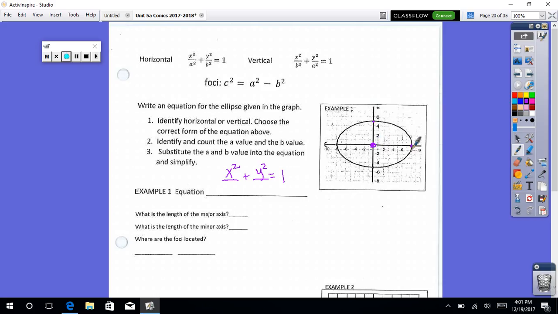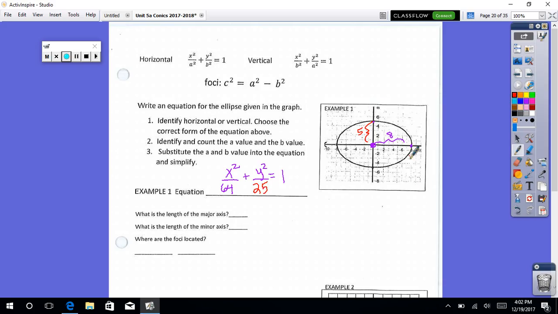From the center out, it looks like it's 8. 8 squared is 64. And its height from here up looks like it's about 5. And 5 squared is 25.